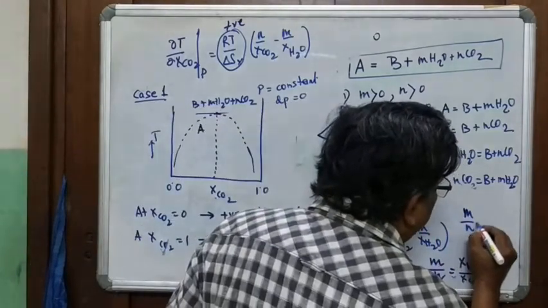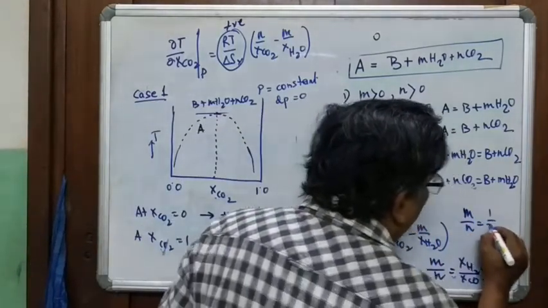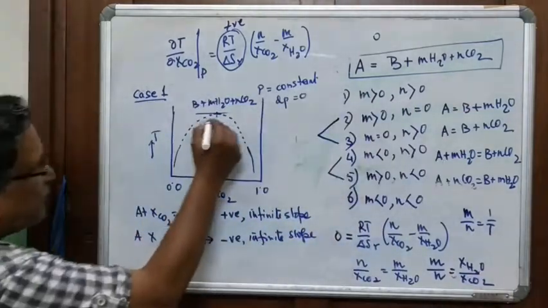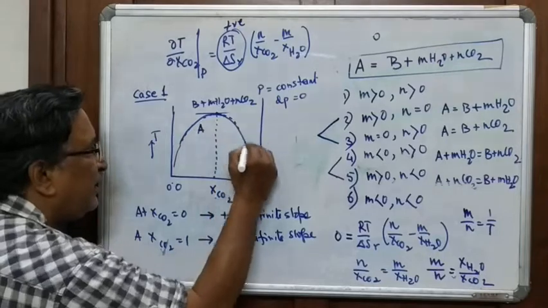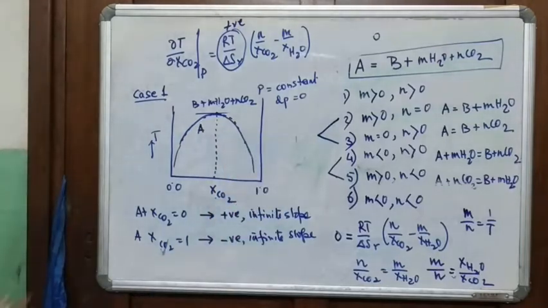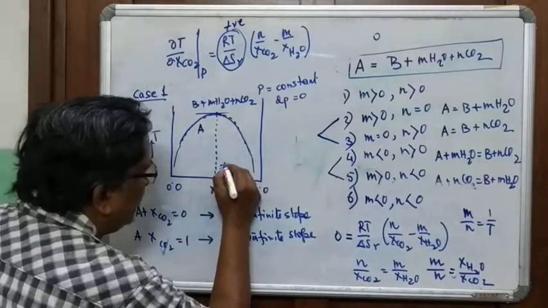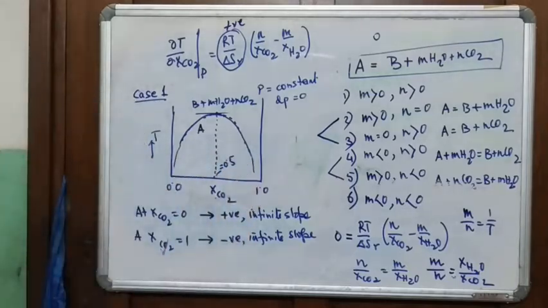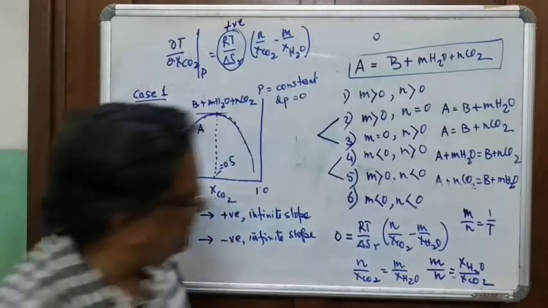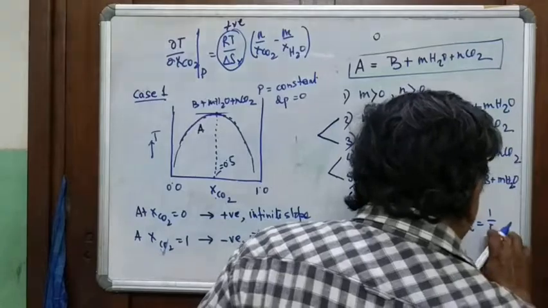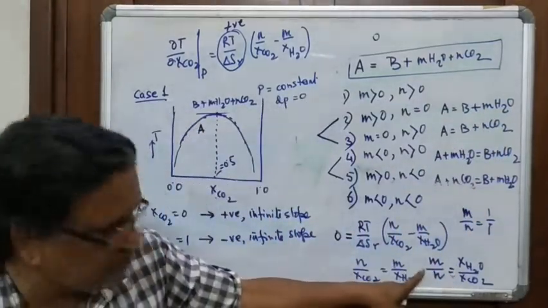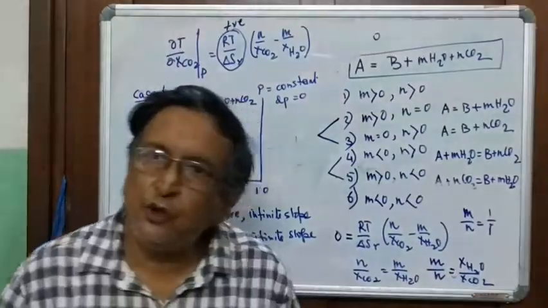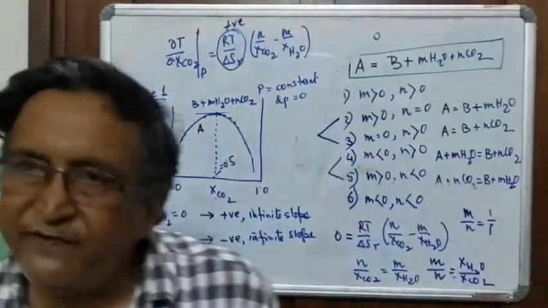Have you understood? So, if you have a reaction where M is to N is, say for example, 1 by 1, then your curve will be here. This is XCO2 equal to 0.5. If M by N is equal to 1 by 1, that means XH2O is equal to XCO2, that means both are 0.5.